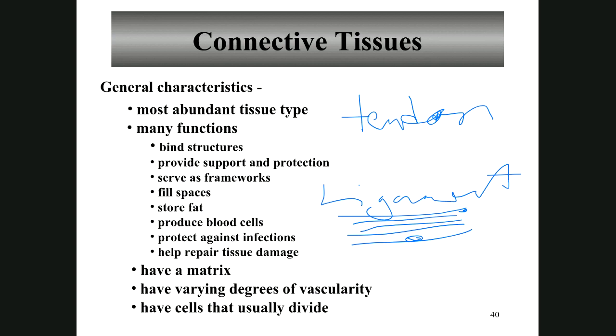And again, they're avascular. Most connective tissue is vascular, but in this case they're avascular, so if you twist them or damage them, it takes a long time to heal. That reflects the very low degree of vascularity. And they usually have cells that divide.